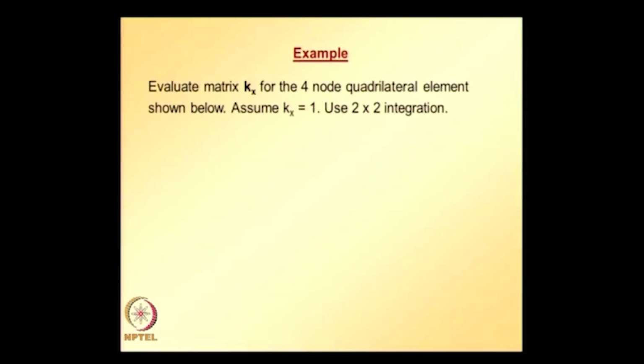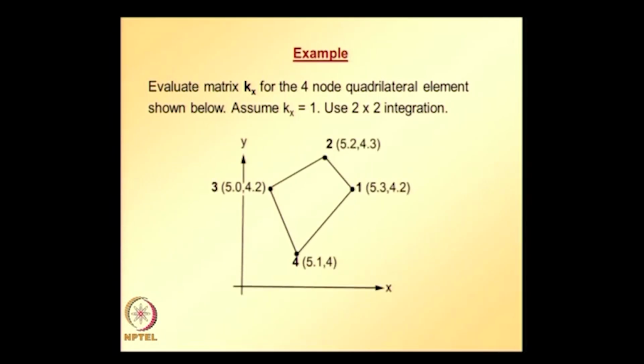Now let us take an example: evaluate matrix Kx for the 4 node quadrilateral element shown below. Assume coefficient Kx is equal to 1, and use 2 by 2 integration. Here coefficient Kx is taken as a constant equal to 1, and the element is shown in the figure.